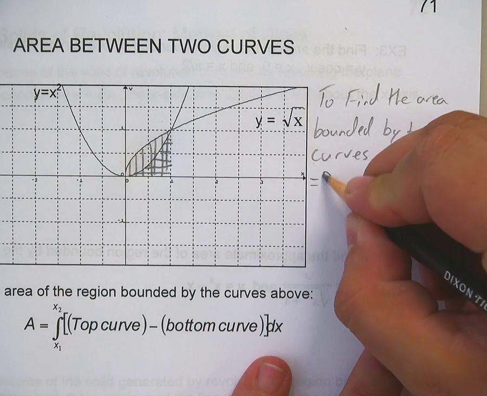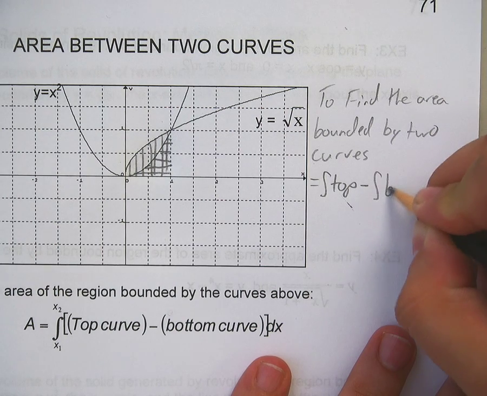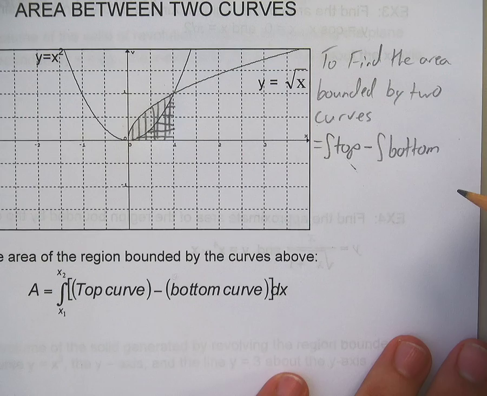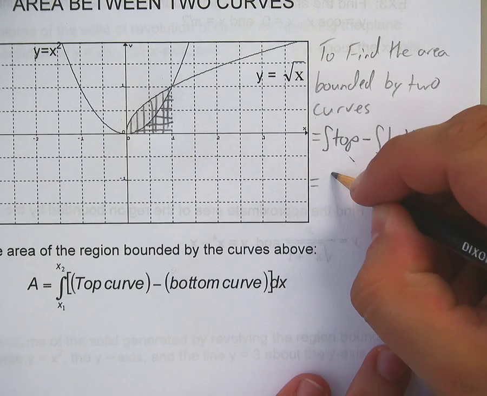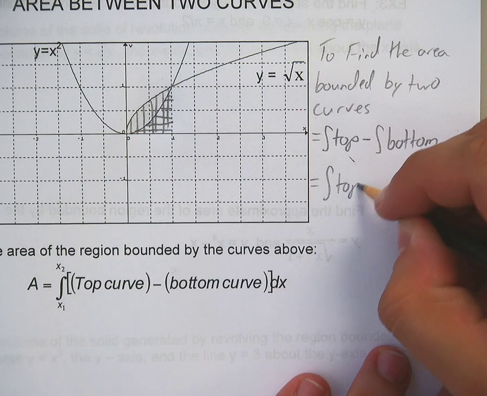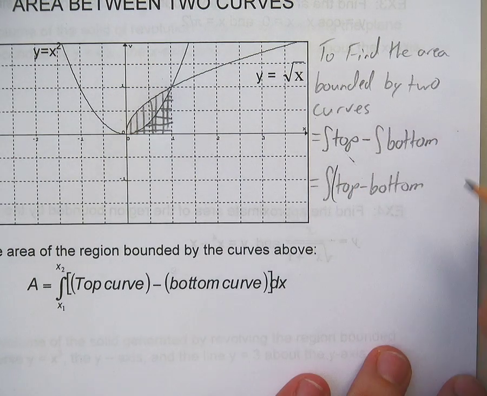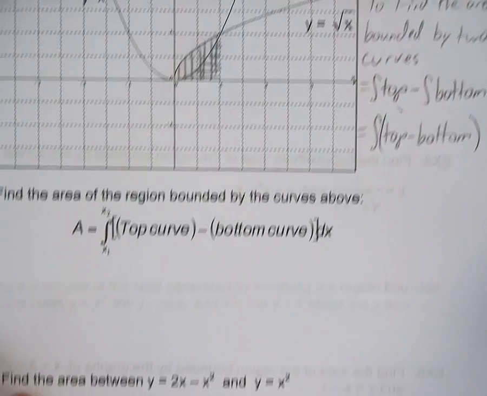What we're going to do is take the integral of the top curve and subtract the integral of the bottom curve. Right? Now, because integrals are the way that they are, what I can do is actually just call this the integral of the top minus the bottom and kind of combine it into one integral, right? So that's where we get the idea at.